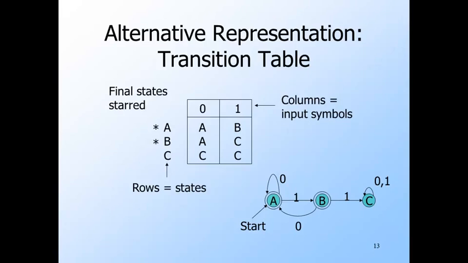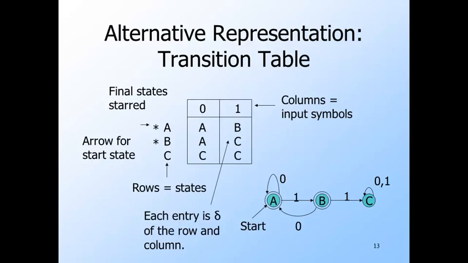We indicate the final states by putting a star next to their name, and the start state is indicated by an arrow. The entries of the table are the values of the transition function applied to the state that is the row and the symbol that is the column. For example, this entry is C because it is in the row for the state B and the column for input symbol 1, and we know that delta of B and 1 is C.